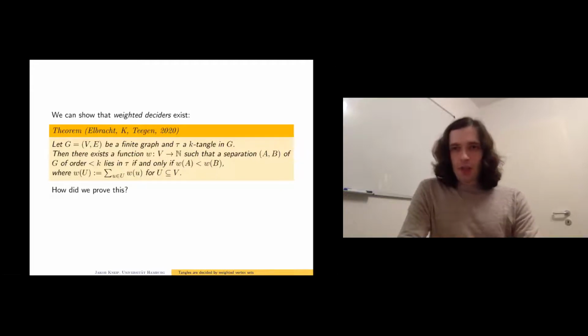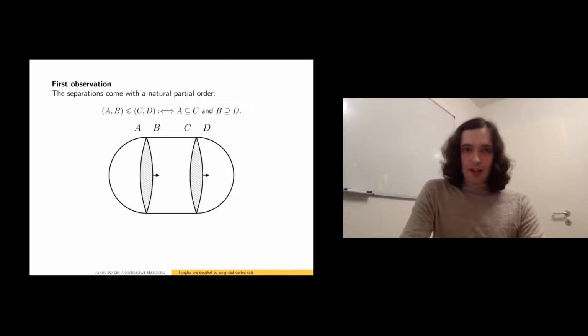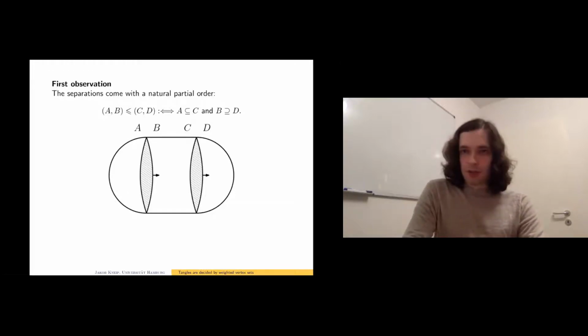So the proof of this theorem hinges on two structural observations about separations in graphs. For the first observation, we introduce a partial order on the separations of a graph.